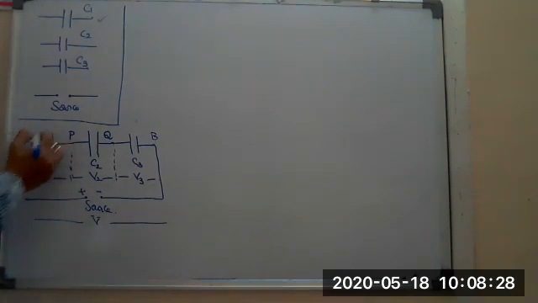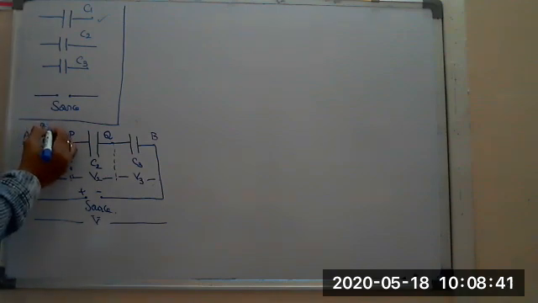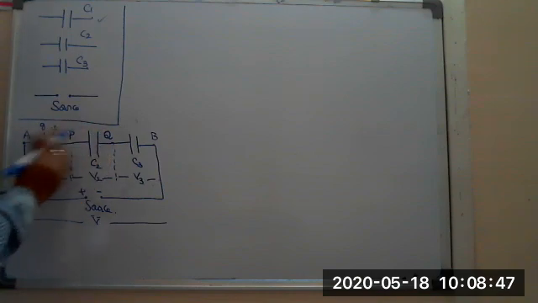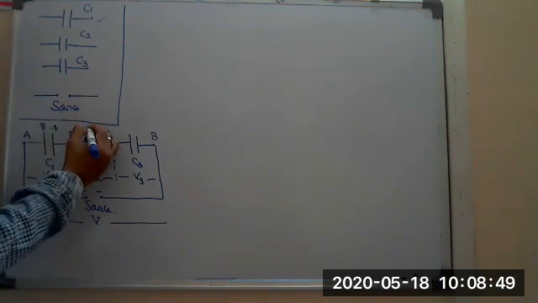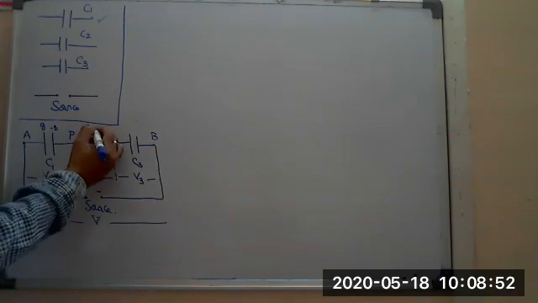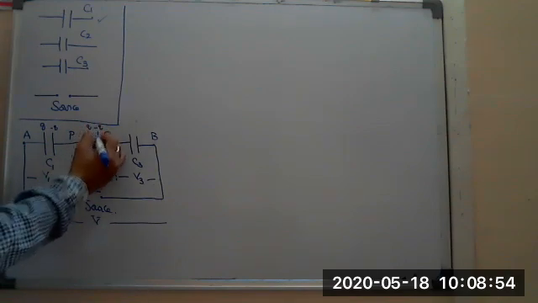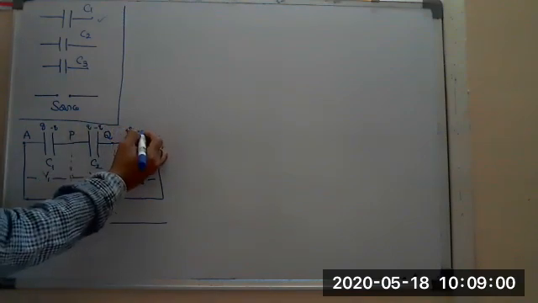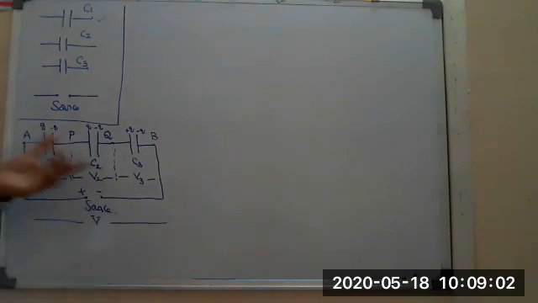Suppose the charge given to the first capacitor by this potential difference is Q. Then, as you know, Q tries to induce minus Q here, and then the next one, plus Q, and then minus Q, by the method of induction, and then here minus Q means plus Q, and then minus Q. These are the charges across the three capacitors.